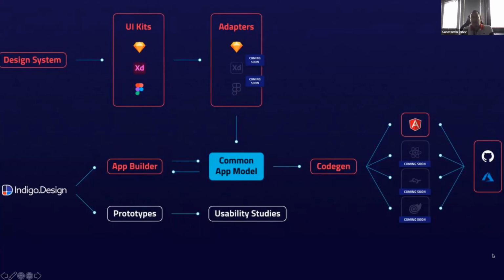It actually doesn't even have to be web only. The common application model tells us what views there are, what the screens are, and what the transitions between different screens are, in a way that doesn't tie us to any particular framework. Currently, the app builder is built in Angular.